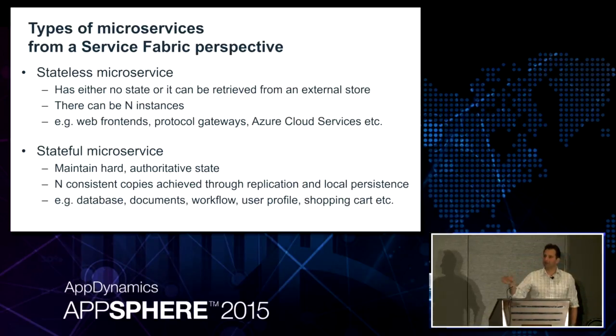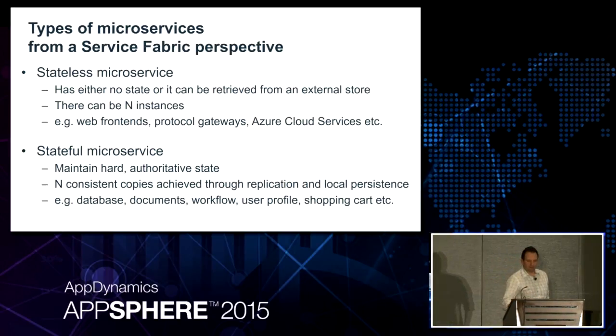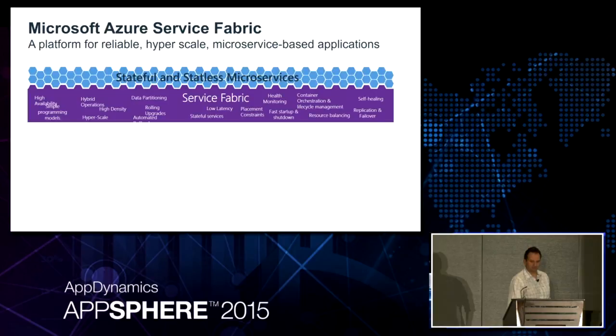As a result, if your service goes down, it doesn't lose the state, right? Because it just fails over to a service with a secondary. So you can build multiple services on that: databases, documents, workflows, user profiles are good examples.